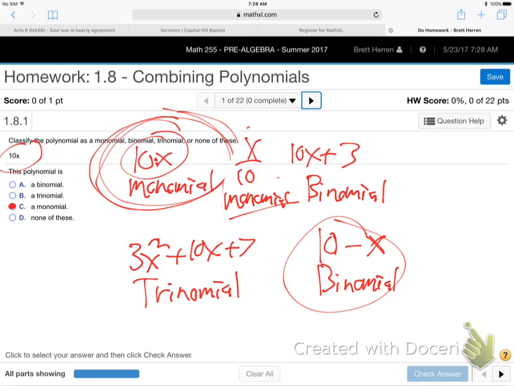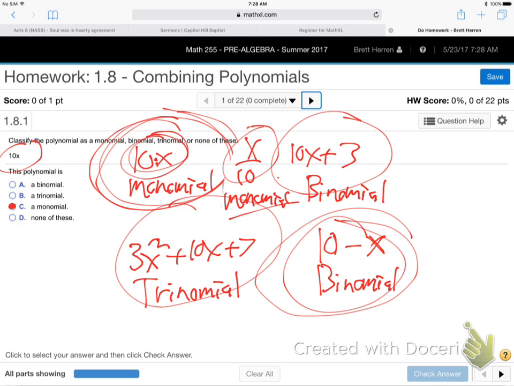Remember how I said multiplying and dividing rules always go together. Adding, subtracting rules always go together. So adding, subtracting both separate. You're right on. Multiplying and dividing don't. So 10 times x or x over 10, either way, that's still just one term. They're not separated. They're one thing. But when you have pluses and minuses, those separate into more terms.